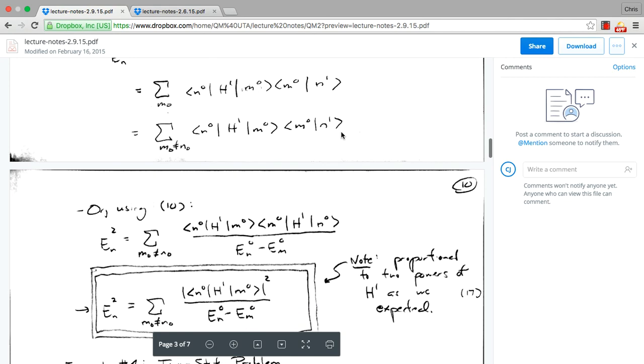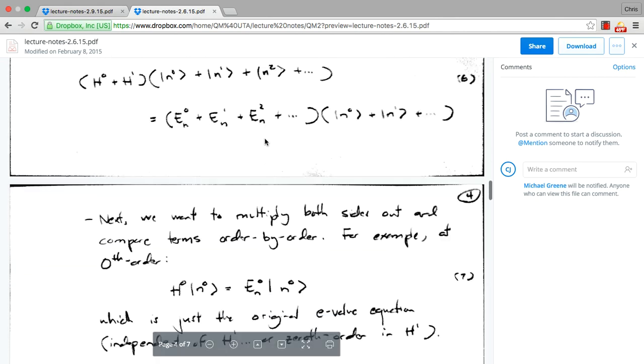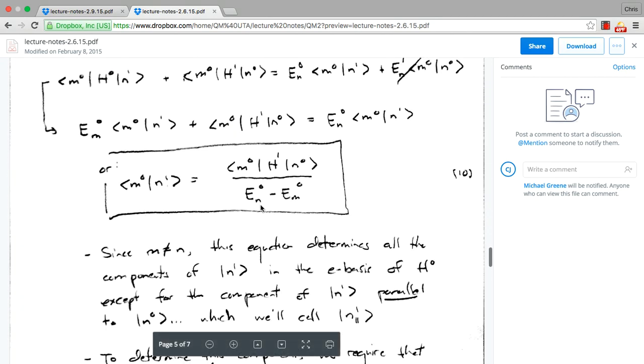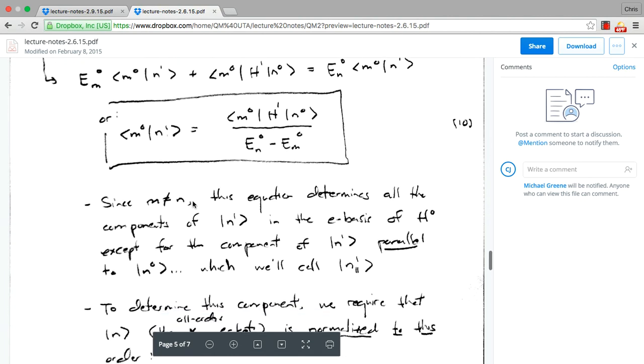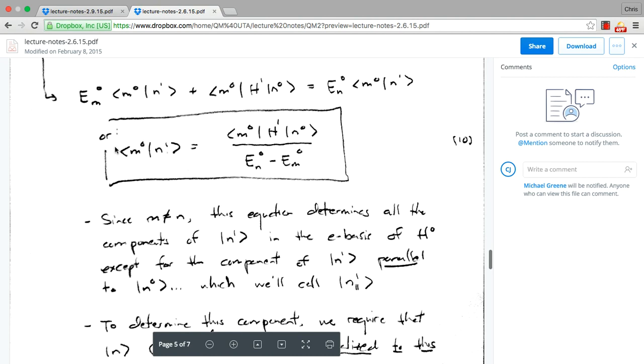And so what I have now is the relationship that we derived earlier. Let me just remind you by going back here, when we were working through the first order energy eigenket. So we have this same coefficient here with this guy.